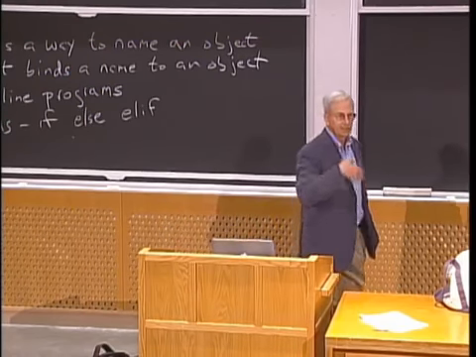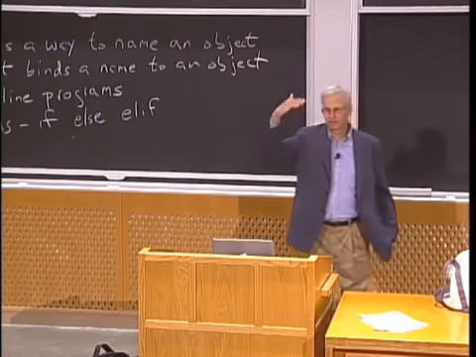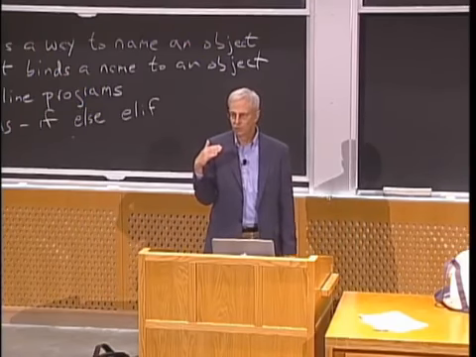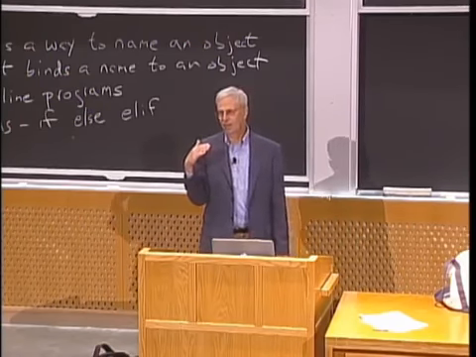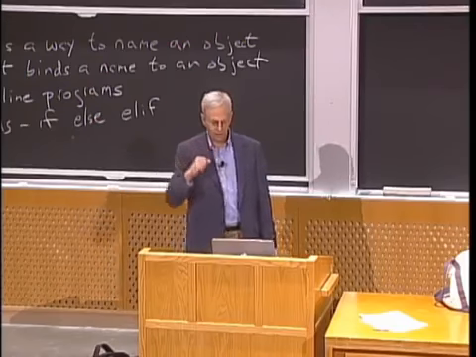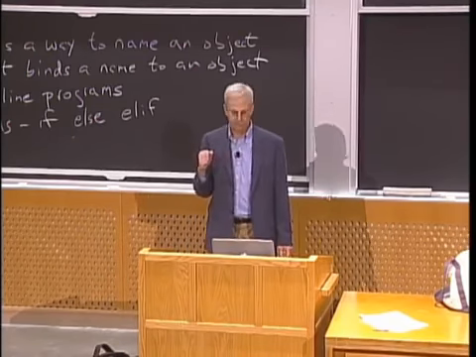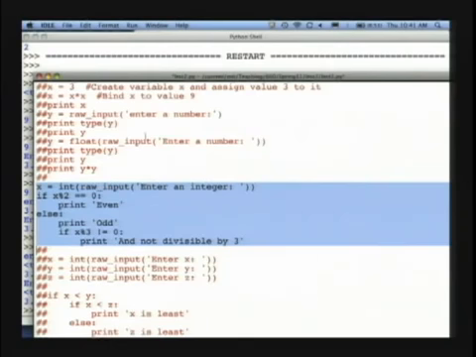So what this does is it comes down, it does the test. If the value of the test is true, it executes the block of code following the if, in this case just print. And then it skips the else. It does not execute the else. So it executes one or the other.